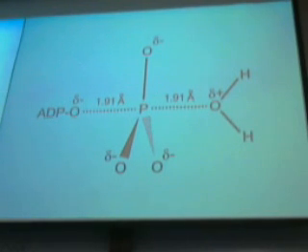We know something about this transition state because people have developed artificial transition state mimics that bind to the ATP synthase and have this type of trigonal planar structure that mimics what we think the transition state looks like. Okay, let me show you just a few more movies here.